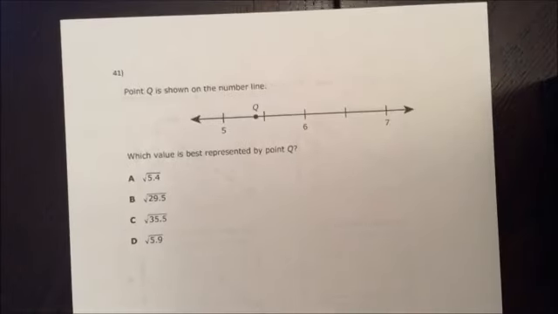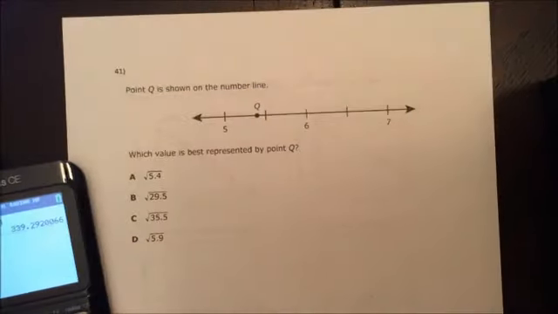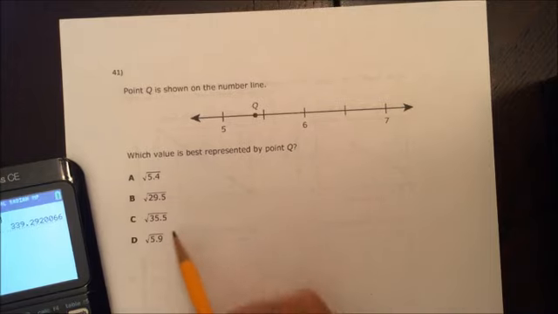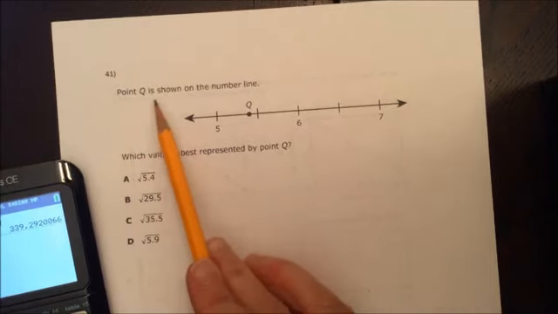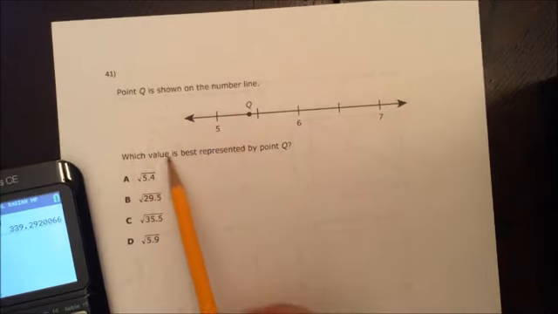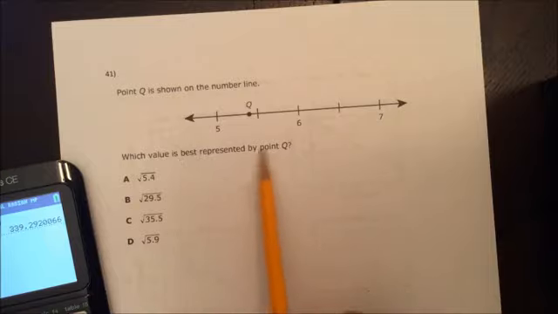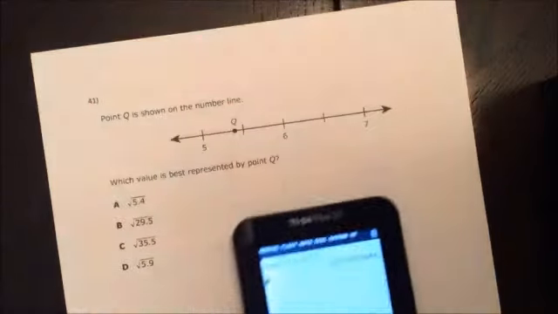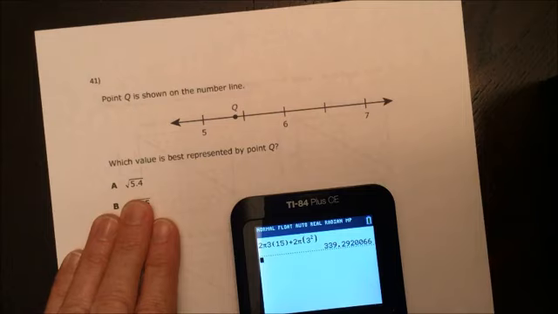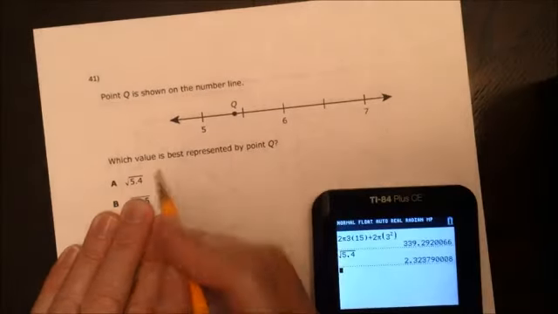41. You better not miss this. We've done a million of these. Okay? Square root button. We need to convert this. Point Q is shown on the number line. Which value is best represented by point Q? In your calculator, let's put this in. The square root of 5.4 is 2.32.